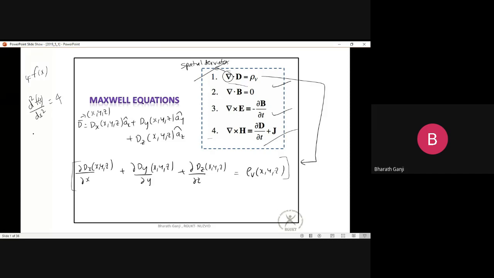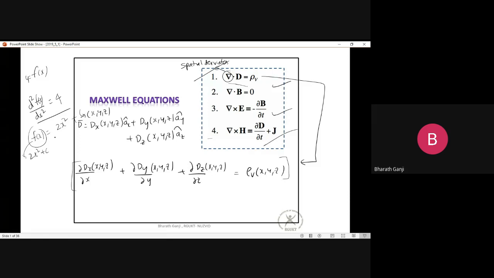Maybe you can get something like f of x equal to 2x square plus some constant. You take one derivative, you get 4 times x. You take another derivative, you get 4. Because I didn't give you any boundary condition, the general solution can be written as 2x square plus c. So you can see that if you are given a differential equation like this, you can solve for the solution of those equations.